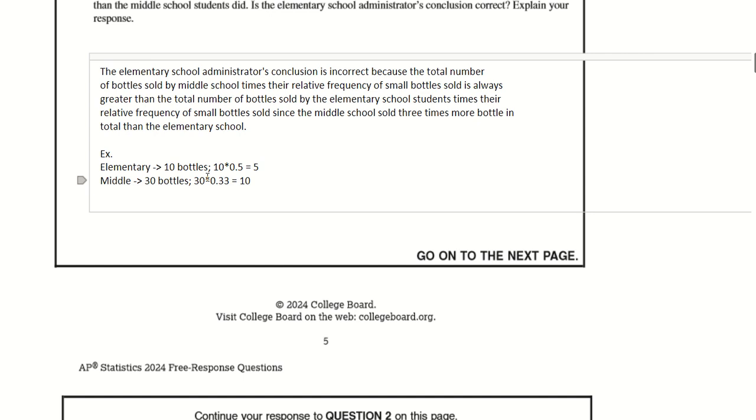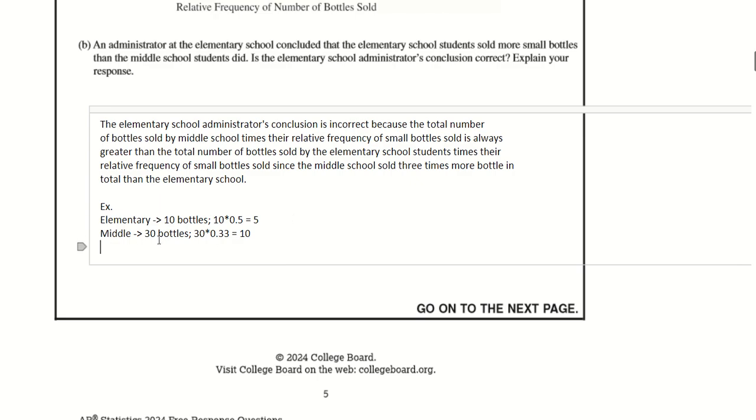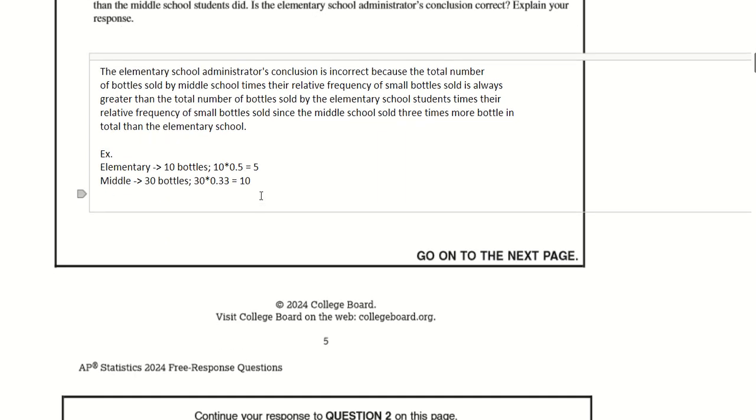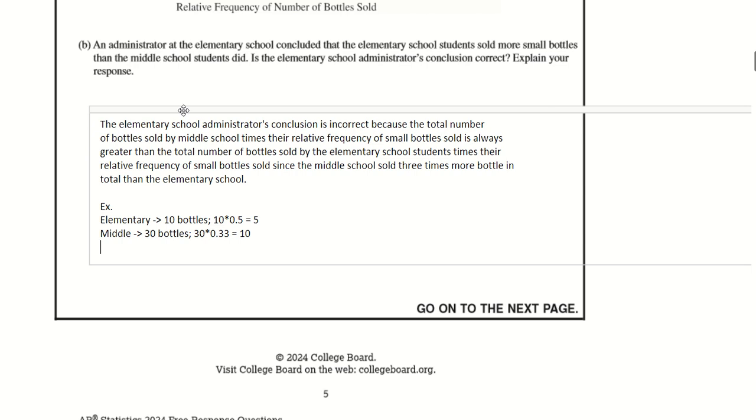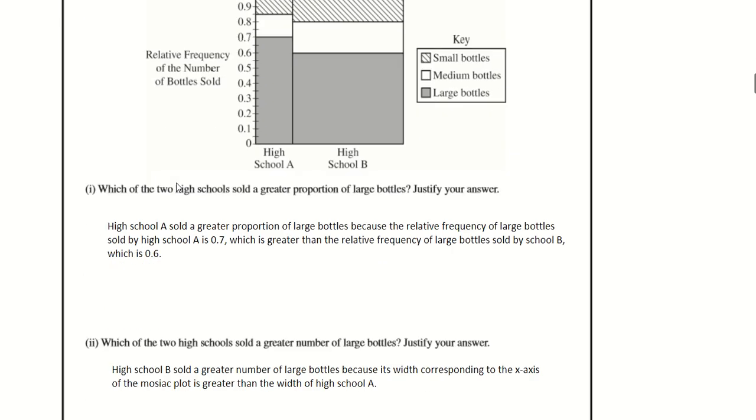Now, for the middle school, we can say that they sold 30 bottles because in the question they said that middle school sold 3 times more bottles in total than elementary school students. So 30 times the relative frequency for small bottles, which is 0.33333, gives us 10 small bottles, and so 10 is greater than 5. Therefore, the administrator's conclusion is incorrect.